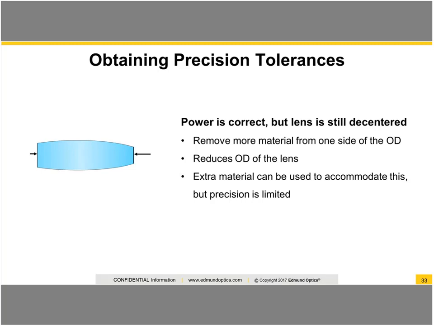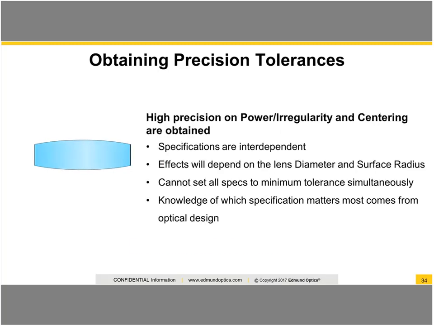So generally speaking, the tighter the irregularity or power, or the tighter the centration, the looser the center thickness or the outer diameter specifications need to be, within reason. You can't always do this just any way you want to do it. It depends on things like we mentioned before, the surface curvatures and the overall diameter of the lens and so forth.